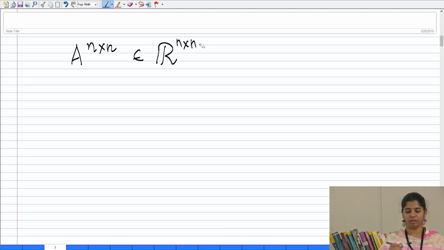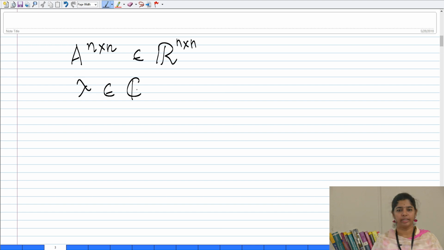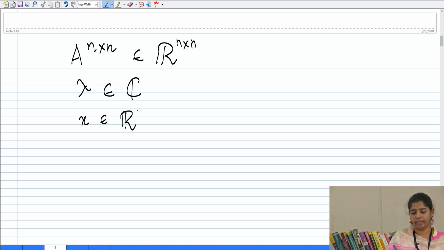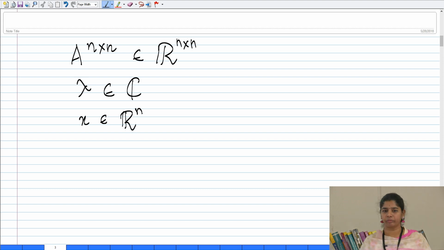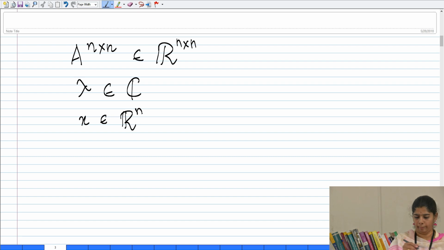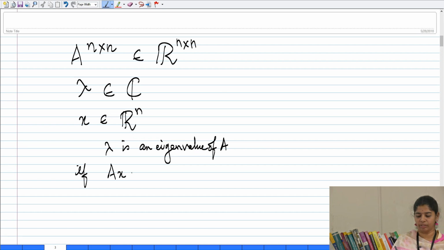So, that is where we are going to talk about eigenvalues. So, given a lambda coming from my complex field, right, it could be complex also, and I have a set of vectors, say x in R^n, this is my notation for a vector, okay. So, we say that lambda is an eigenvalue of A if Ax is equal to lambda x, right.